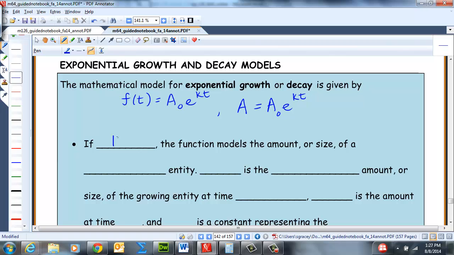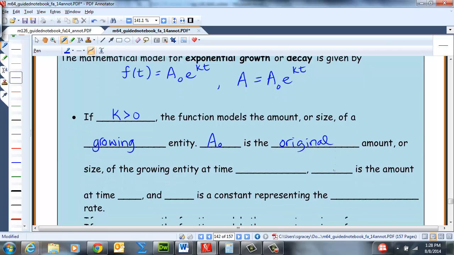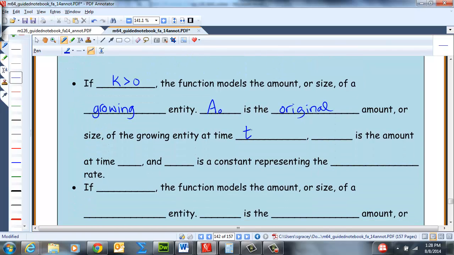Now if k is greater than 0, the function models the amount or size of a growing entity. A0 is the original amount or size of the growing entity at time t equal to 0. A is the amount at time t, and k is a constant representing the growth rate.